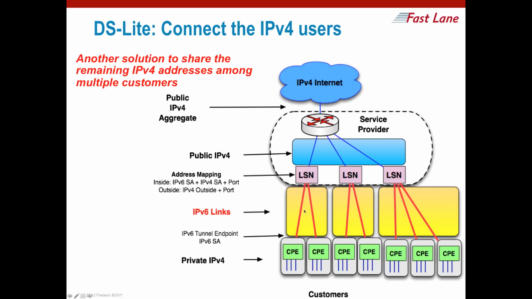So we don't have the problem of overlapping addresses. We still need to translate the address if we have two customers behind the same LSN, but overlapping duplicate addresses we don't have.